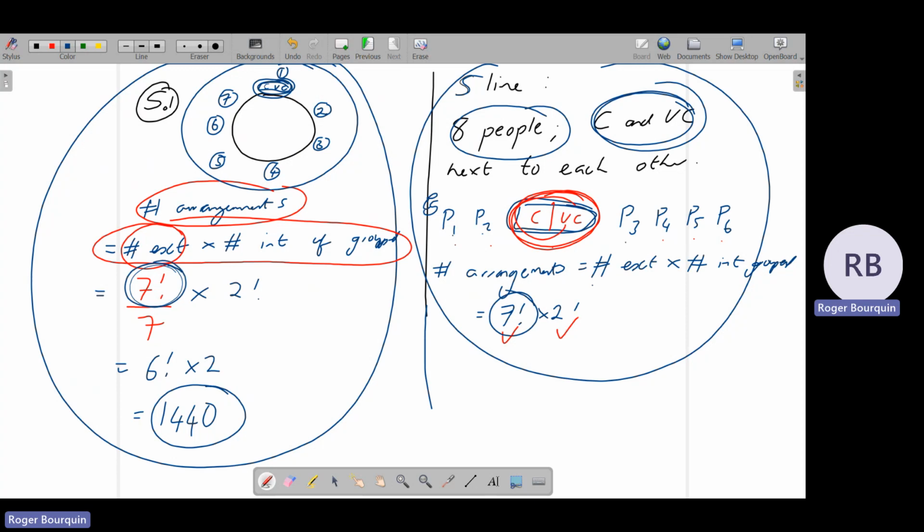I've got to get rid of that repetition because of the circular nature of the seating, so it'll be 7 factorial over 7. The number of internal arrangements is simply shuffling those two around, so times 2 factorial. I end up with 6 factorial times 2, which is 1,440 possible arrangements for that particular question. Hope that helps.